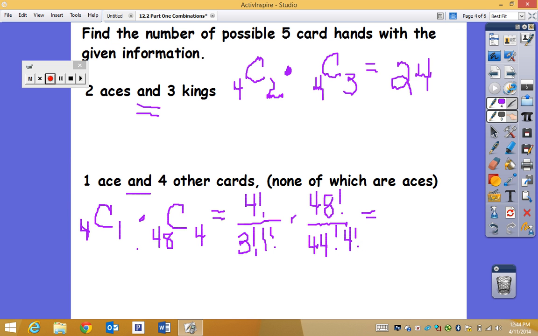And regardless of the way that you work that out, we come out with 778,320 different hands that would be created from this combination.